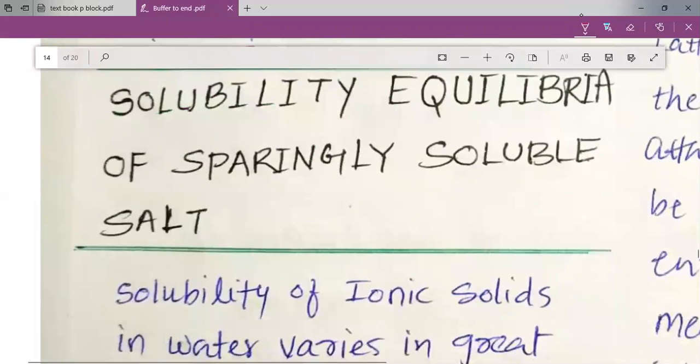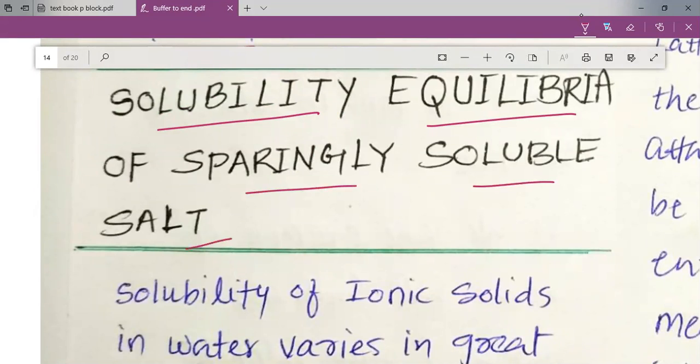Now my dear students, we will study the next point, that is about the solubility equilibria of sparingly soluble salt. Now, if you have any doubt in the previous questions, you can ask me or we can move forward. Dear students, have you understood it or not? Do you have any doubts? No, sir. No, sir.